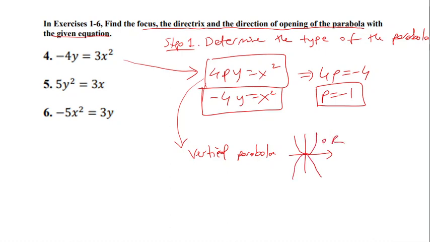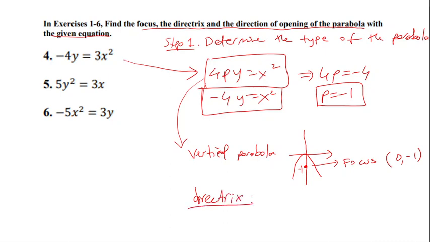From here, what we can tell is the focus should be here or here, but p is minus 1. So p should be here. So the focus should be 0, minus 1.